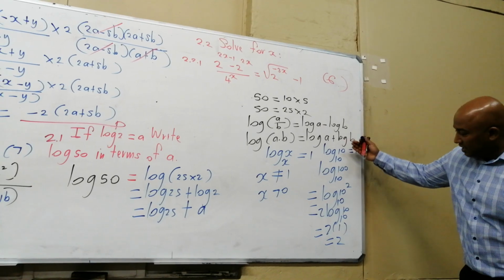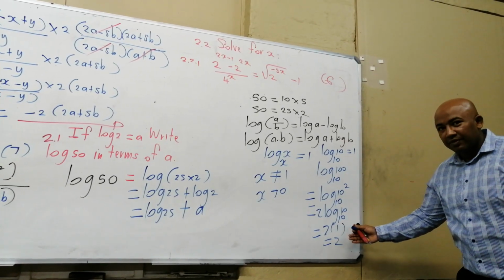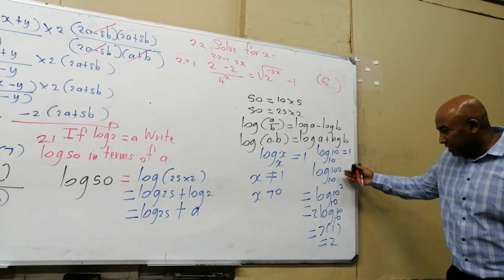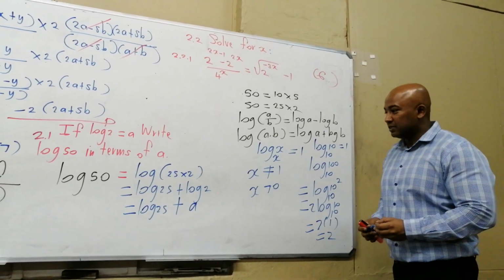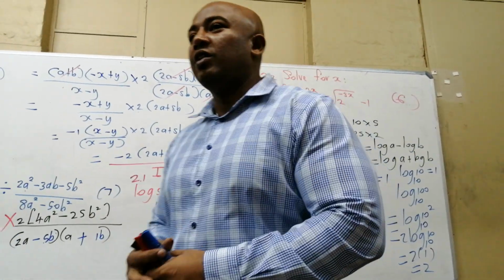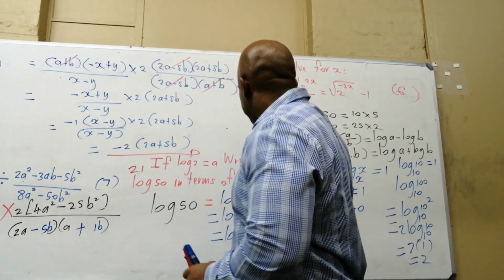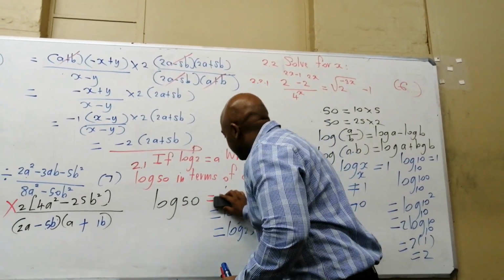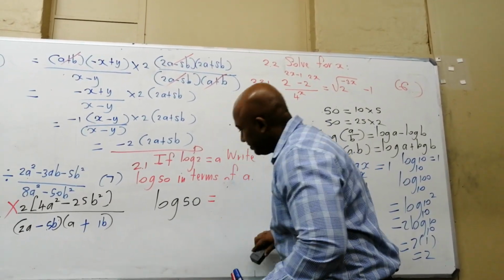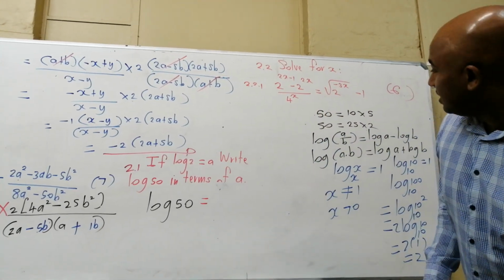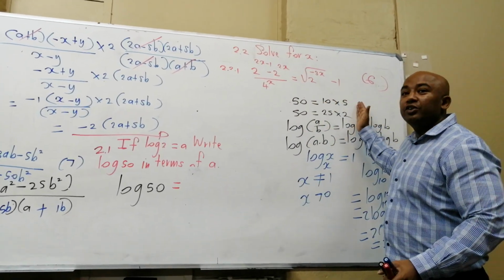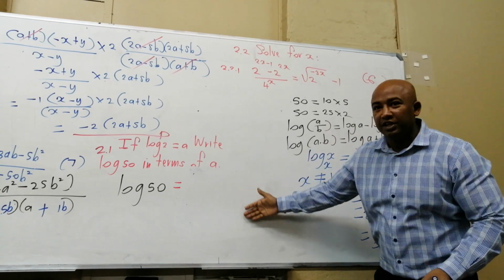So now, using this important information to work out this problem, let me go back to the log 50. Here, I was showing you multiplication. It can work if I do it that way.